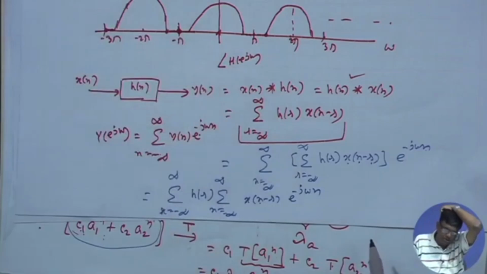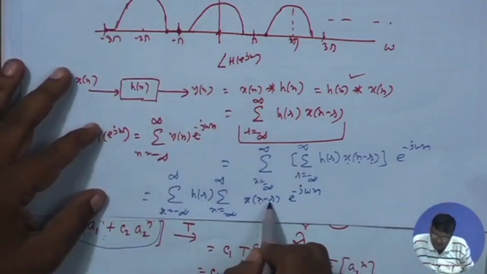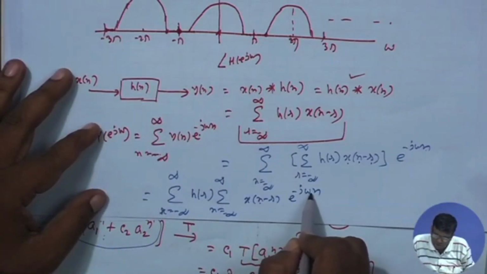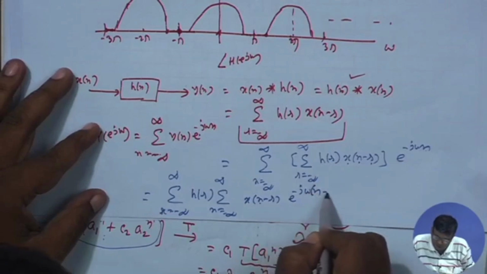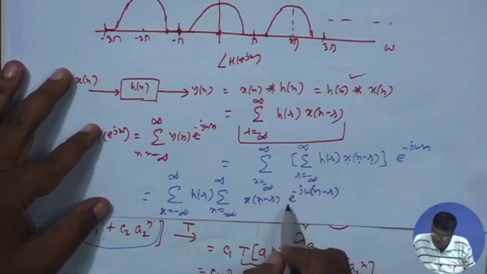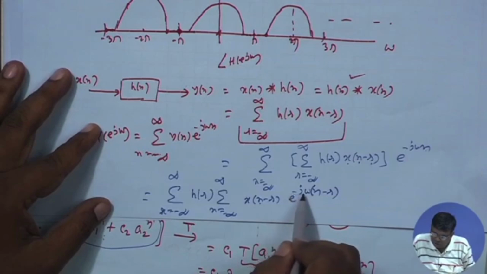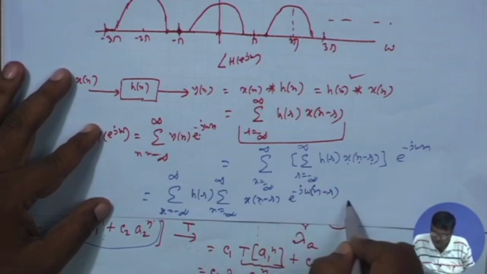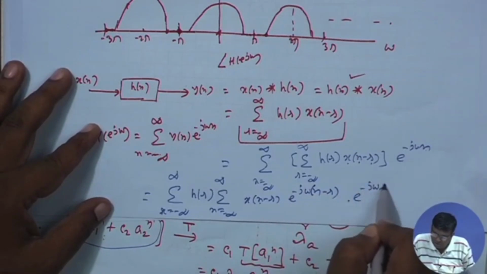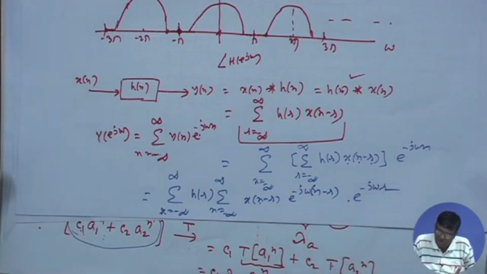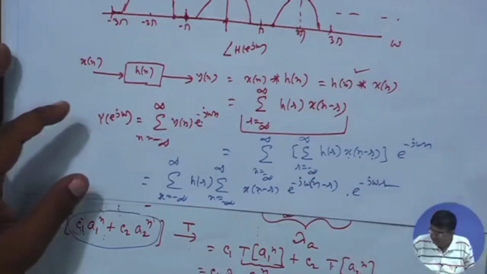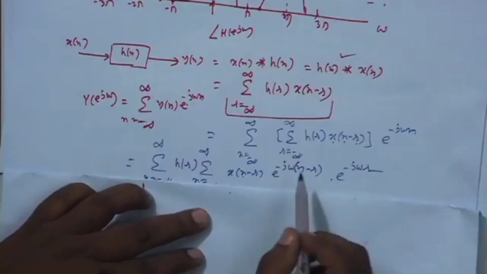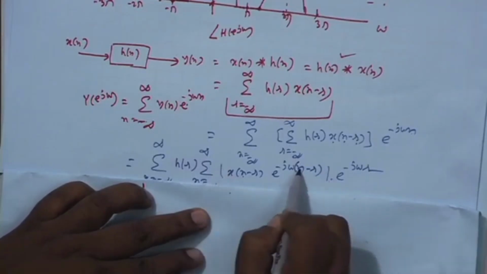Now, I have got x of n minus r, and I have got e to the power minus j omega n. Suppose I want to make it n minus r. So, I have brought an extra term, e to the power minus j omega times minus r, that is e to the power plus j omega r, here. So, I have to cancel it. So, I should have e to the power minus j omega r, and this total thing depends on n.